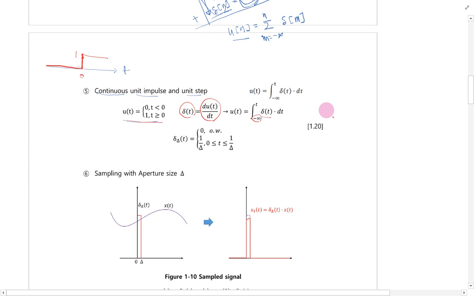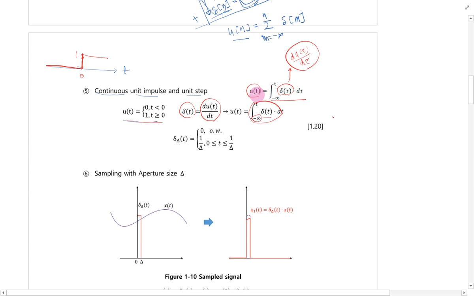So I would like to correct these equations this way. By taking the integration of the time derivative, it means that du(tau)/d(tau) is a time derivative, which becomes the delta function. Then when we take the integration of this, we get a unit step.